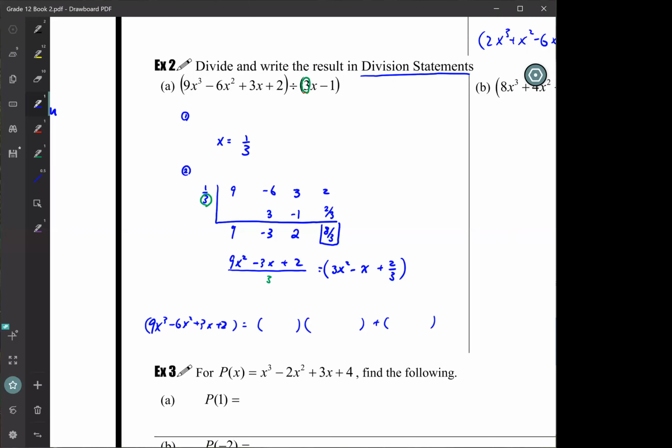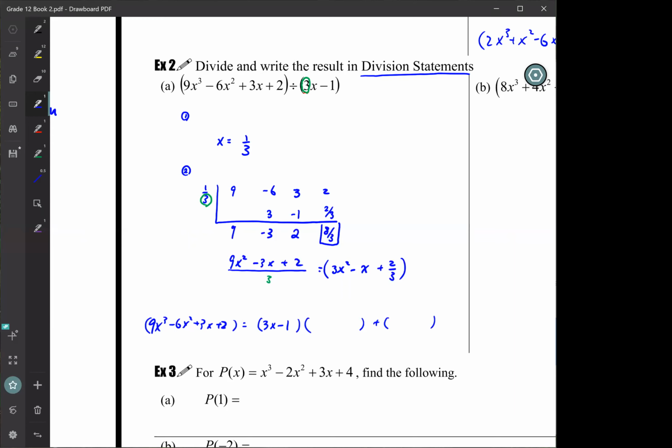Oh, no, we are not using the 1/3 because we already got the correct quotient, right? So you just use the original one, okay? 3x minus 1. Okay, Donna? Wait, why? Because the quotient we already divided by 3.